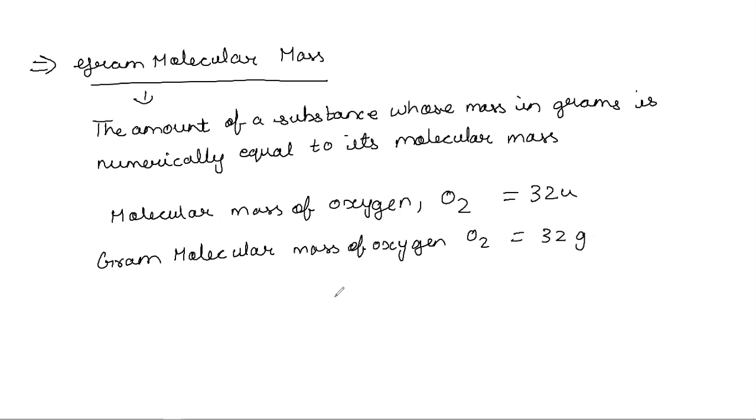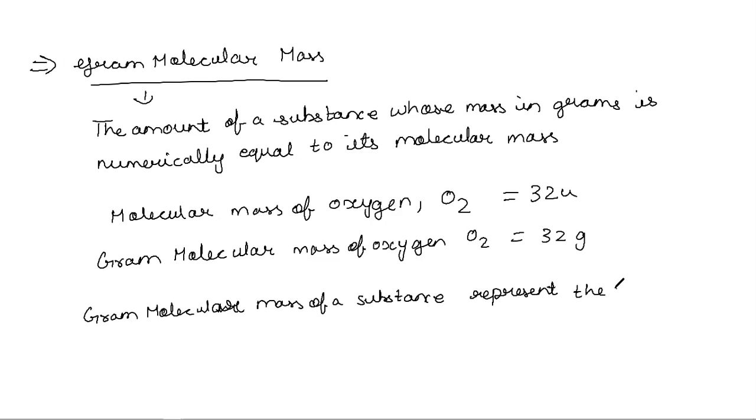तो जैसे ग्राम एटॉमिक मास ऑफ अ सब्सटेंस रिप्रेजेंट करता था मास ऑफ 1 मोल, same way, the gram molecular mass of a substance represents the mass of 1 mole of molecules.